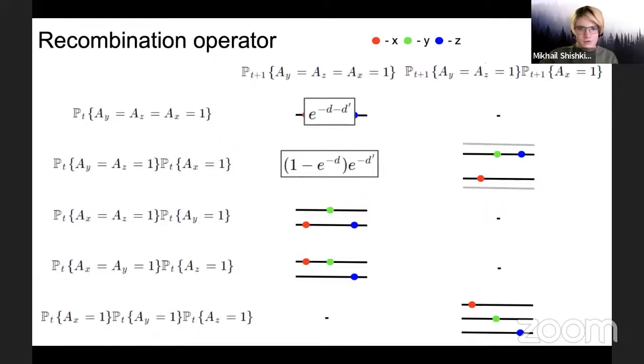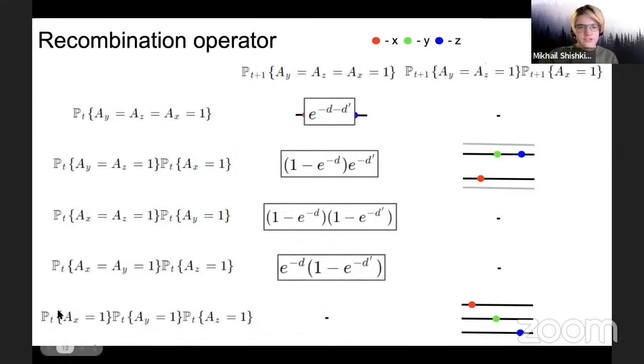And the same idea applies for these cases. So we just don't want any recombination here and one recombination here. And when we have 3 different chromosomes, we can't get one chromosome from 3 with recombination, because recombination can occur only between 2 chromosomes.